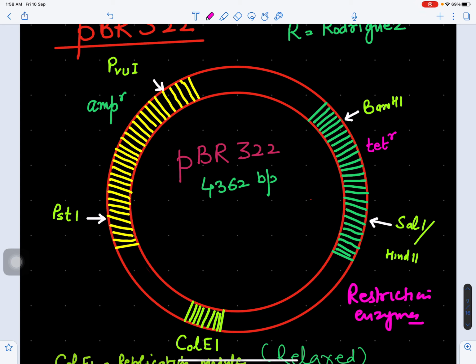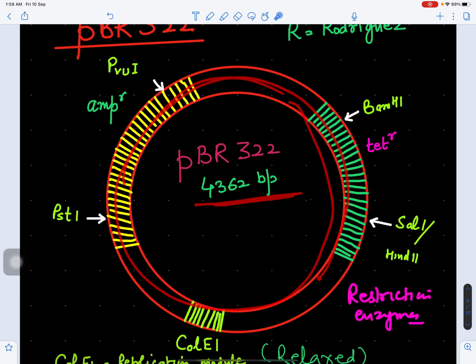So these are the areas which can be cut with the help of these enzymes, and we can integrate our foreign DNA in which we are interested. It's manipulation of the genetic material. This whole genome is about 4362 base pairs in length.